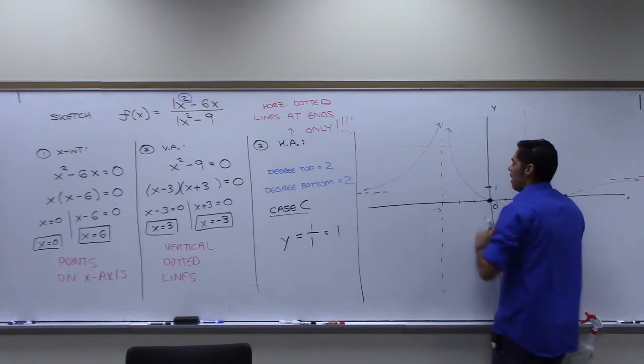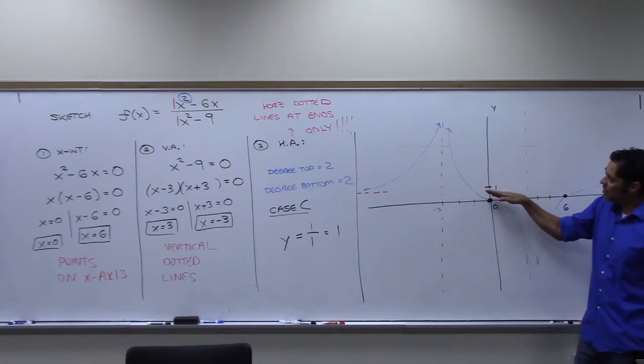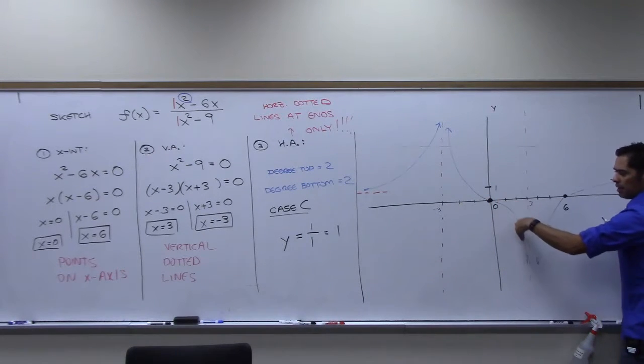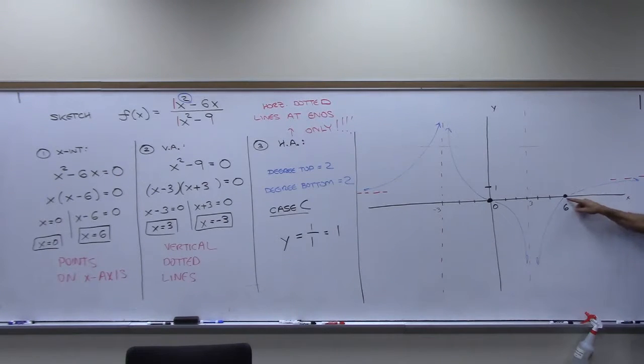Yes? Okay, over here, does it cross through the x-intercept? Yes. As I go this way, the barrier forces it up. As I go this way, the barrier forces it down. That all looks good? Over here, does it cross through the x-intercept? Sure, right? Goes down, that's good. Does it flatten out towards that? So that all looks good to you, right?